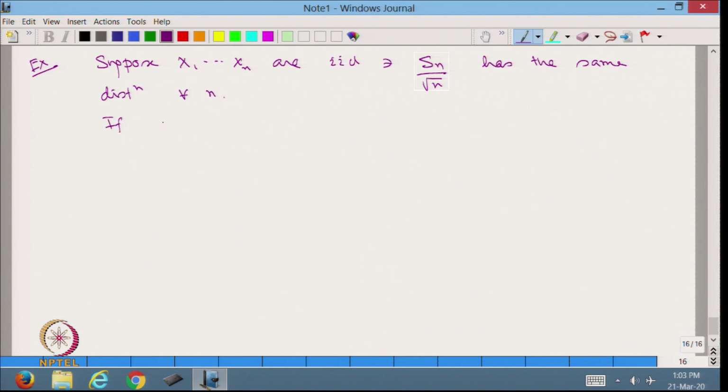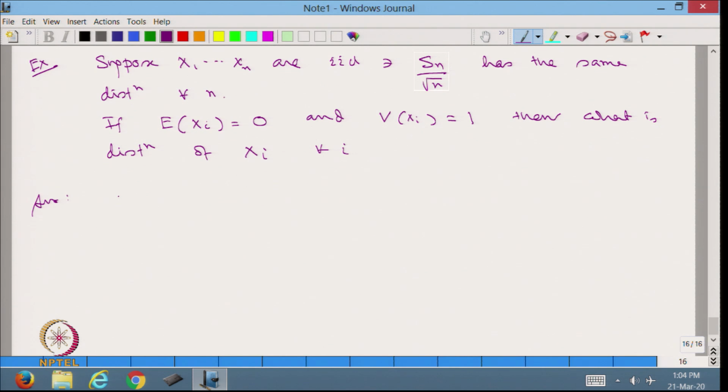If the expectation of Xi is equal to 0 and the variance of Xi is equal to 1, then what is the distribution of Xi for all i?